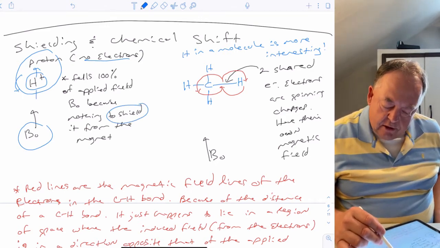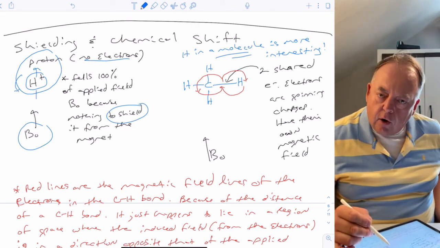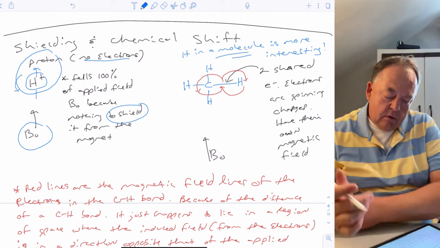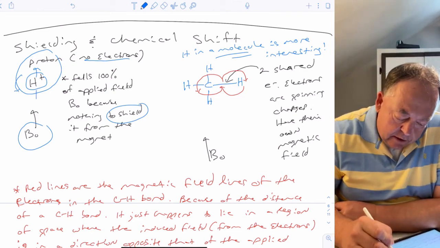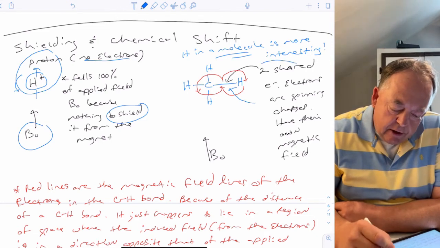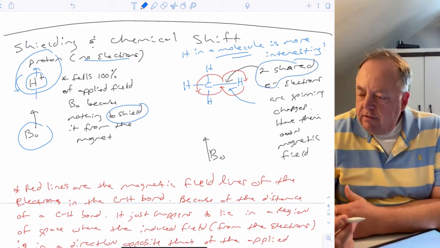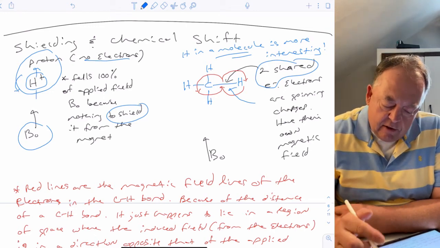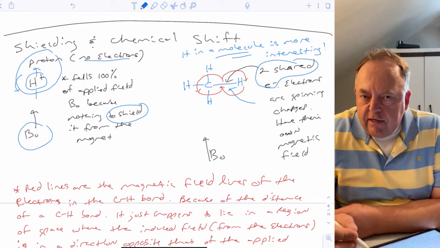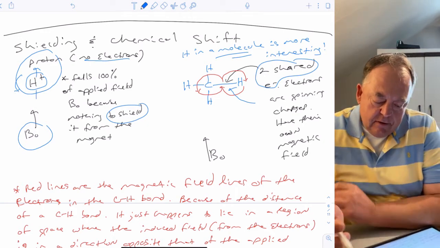It's more interesting to look at molecules where hydrogens are attached to something, like carbon, for example. So if a hydrogen is attached to carbon, then you have a CH bond. What is a CH bond? It's 2 shared electrons, right? So electrons are moving charges. Moving charges have electric fields. Electric fields have magnetic fields. So electrons have their own magnetic properties.